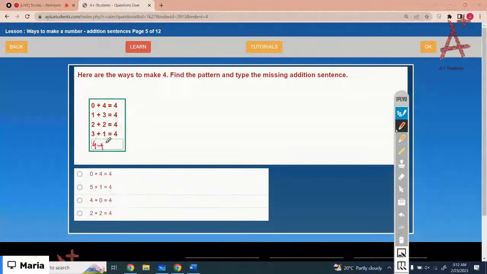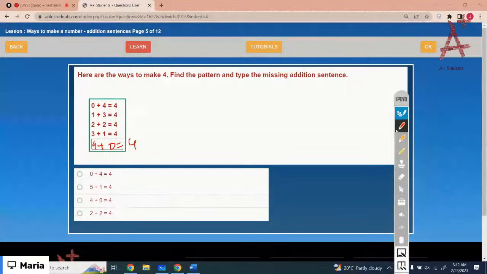Okay, then just look at the second one. 3, 2, 1. That means the numbers are decreasing by 1 each time. So 4, 3, 2, 1. So what is the number right after 1? Right after 1, it is 0. So it would be 4 plus 0 equals 4.